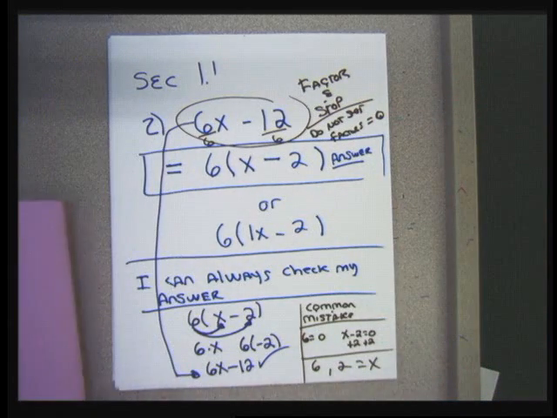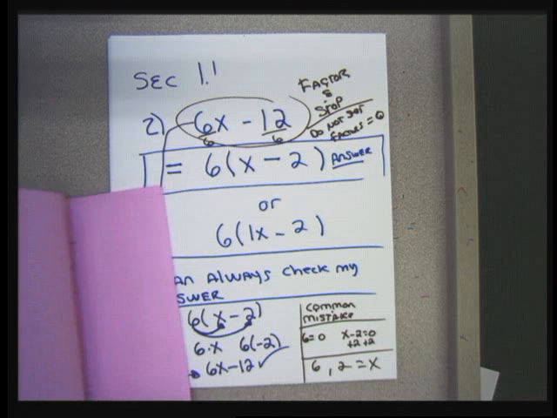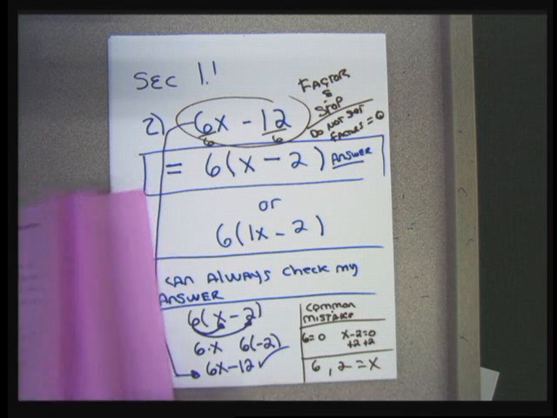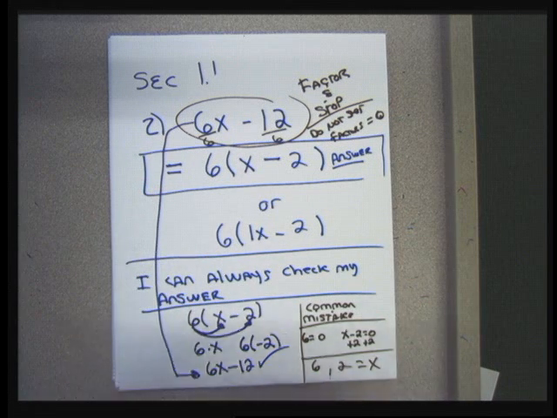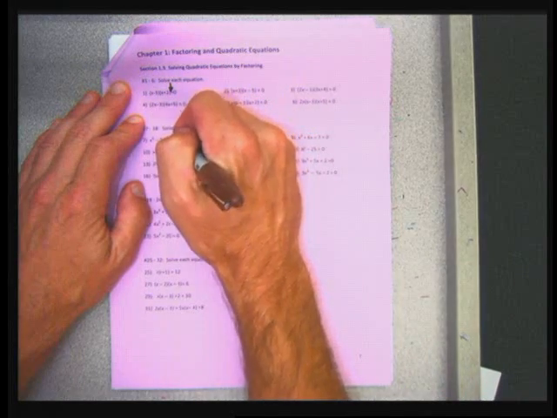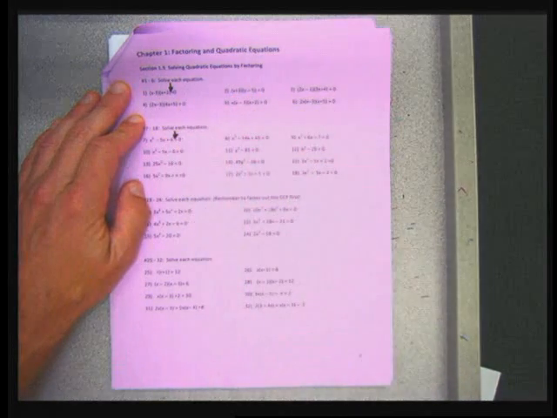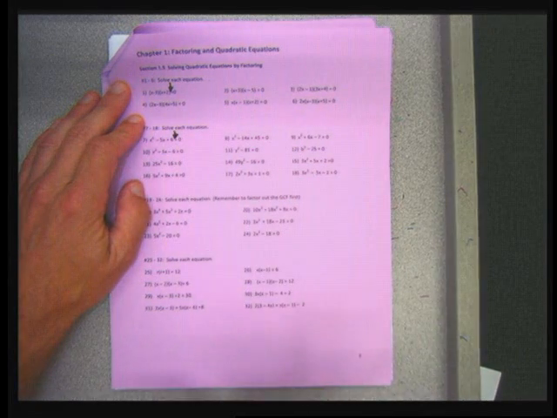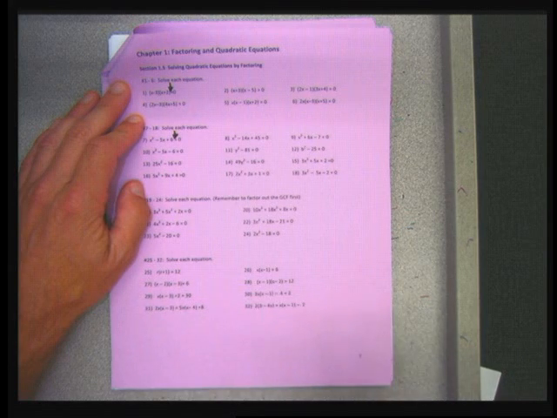As a matter of fact, the only time you're going to get numerical answers is when the problem has an equal sign. If you look at section 1.5, every single problem in section 1.5, I see an equal sign.